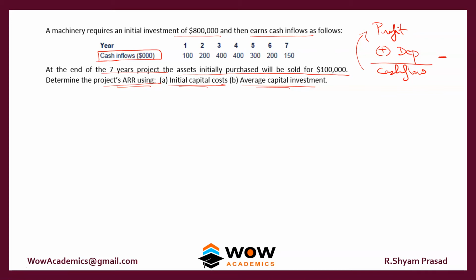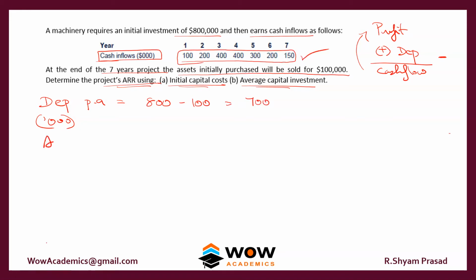First we'll find out the depreciation per annum. We'll cut the zeros and get the answer in 1000. The asset value is 800, and the asset has been sold for scrap for 100. So our total depreciation is 700.